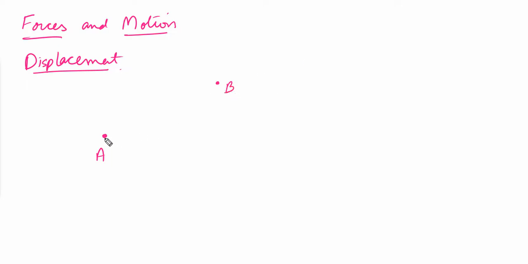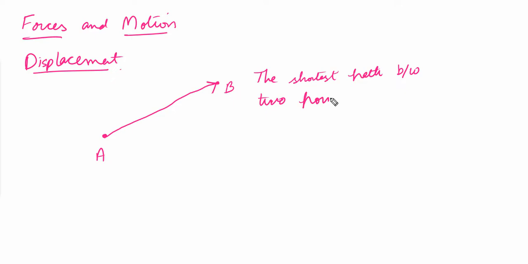If I move directly from point A to point B, then this is the shortest path from point A to point B. So by definition, we can say the shortest path between two points is called the displacement.